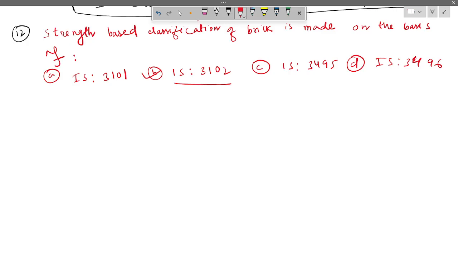Okay, it is the basis of classification of bricks. And IS 3101 gives the aluminium collapsible tubes specification, IS 3495 gives the method of test of burnt clay building bricks, and IS 3496 gives the specification for rubber legs and pegs.